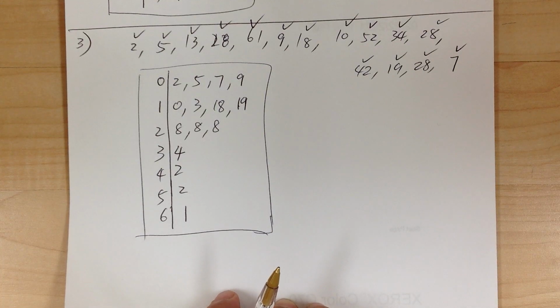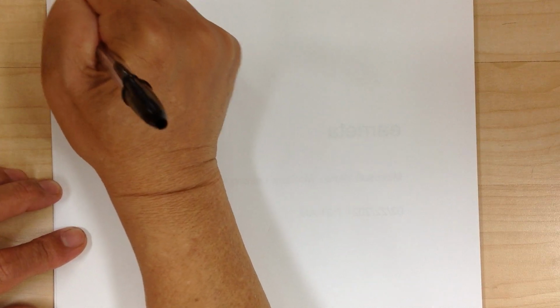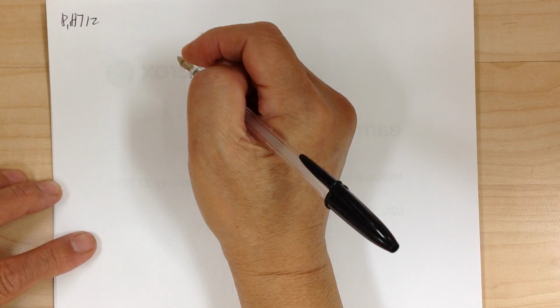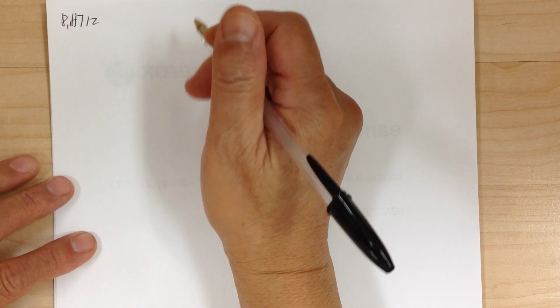Let's go to the next one. It says find the mode. For 5 through 8 you have to use the data from 1 through 4. Number 5, use the data from number 1.